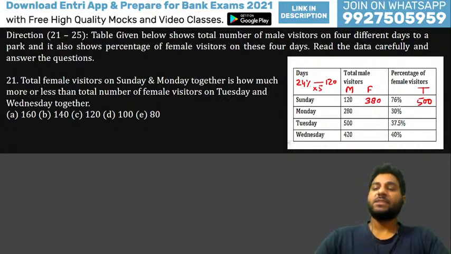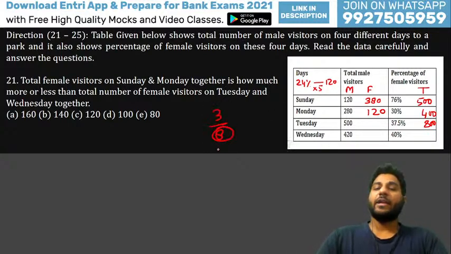Similarly, if 30% were female visitors, that means 70% were male visitors, and that 70% is equal to 280. So the total will come as 400, and female visitors were 120. Similarly, it will be equal to 800, because 37.5% makes 3 by 8.